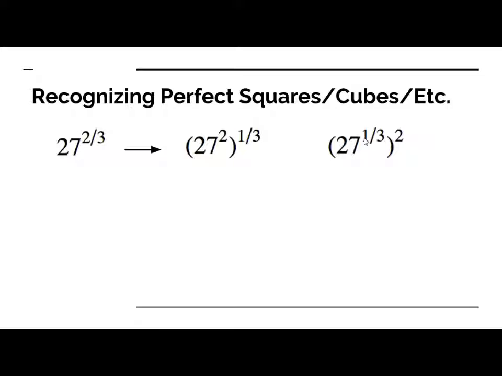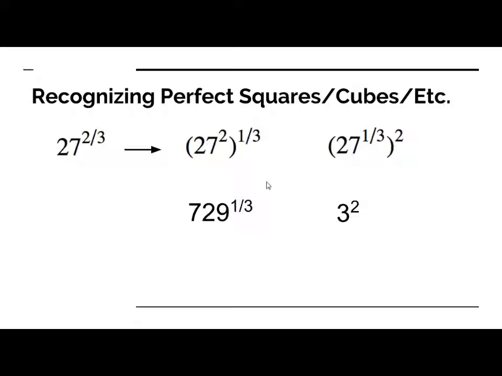So something times itself 3 times, cubed root, is 27. I happen to know, just because I do a lot of math problems, that 3 times 3 times 3 is 27. So in this one here, I could jump straight from the cubed root of 27 to just 3. I could not have done this 27 squared in my head.